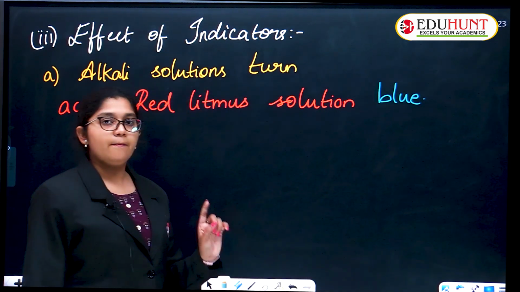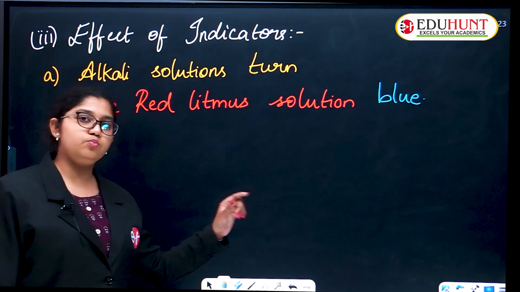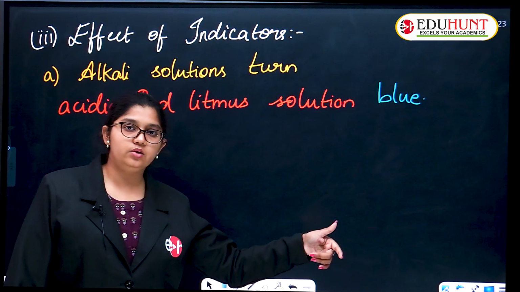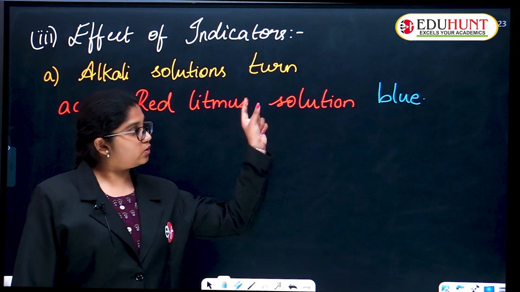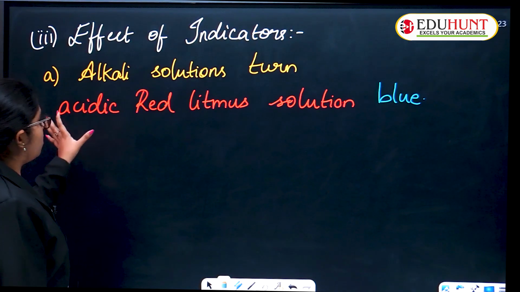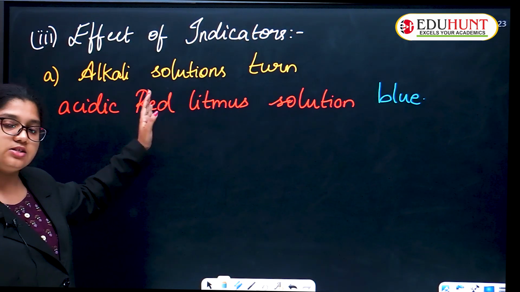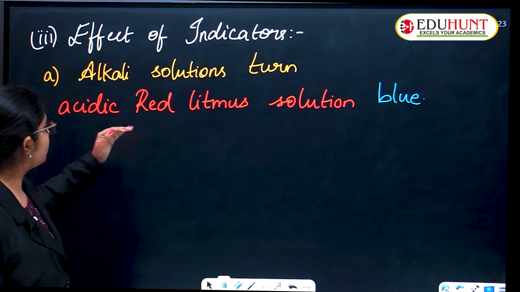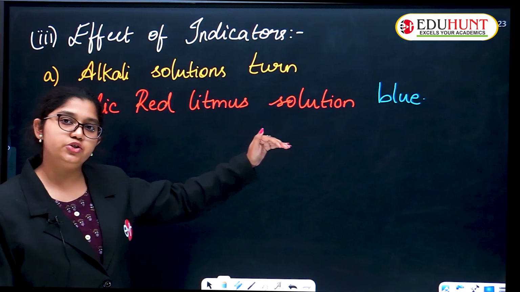I told you, the base which turns red to blue. Blue, base, BB. So here we got it. The first one is that alkali solutions turn acidic red litmus solution into blue.